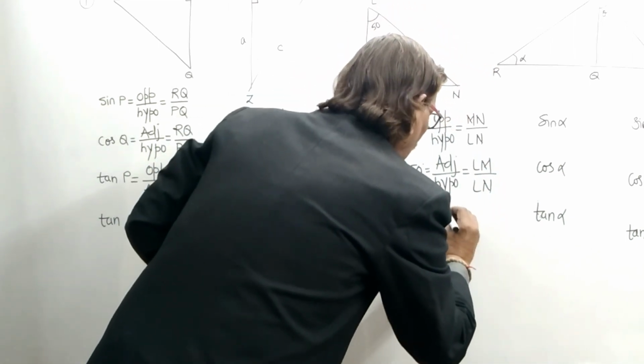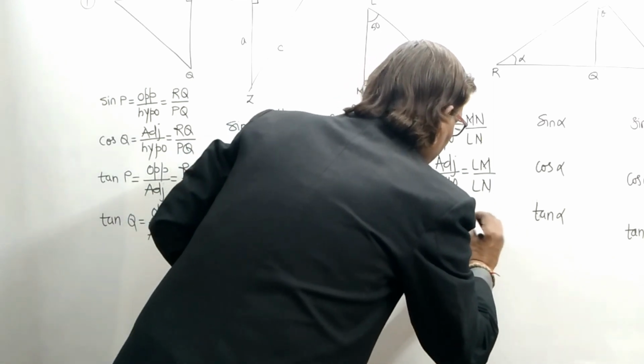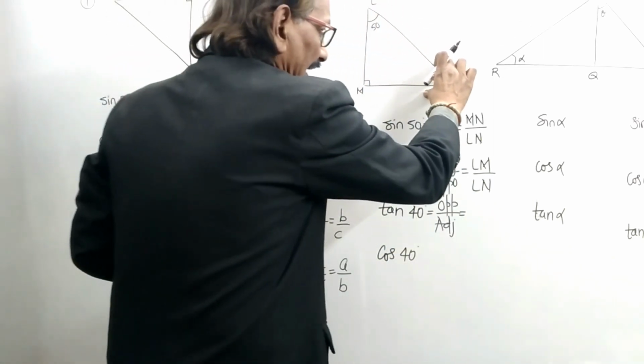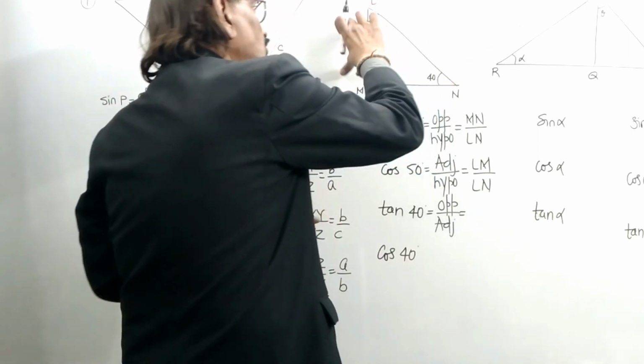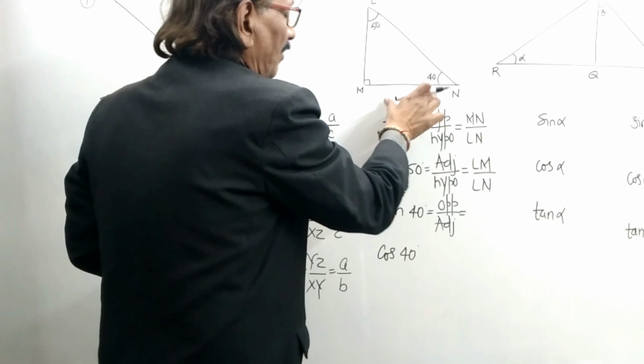Tan 40, opposite upon adjacent. Now here 40 angle, tan means opposite upon adjacent, that is Lm upon Mn.